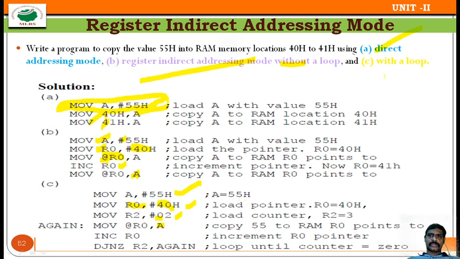Increment R0, so R0 goes to 43. So decrement means R2 value is decremented by 1 to 0. Non-zero means the loop will be repeated; zero means it comes out of the loop. This is a program. This way I can write using instructions like direct, indirect, with loop or without loop.